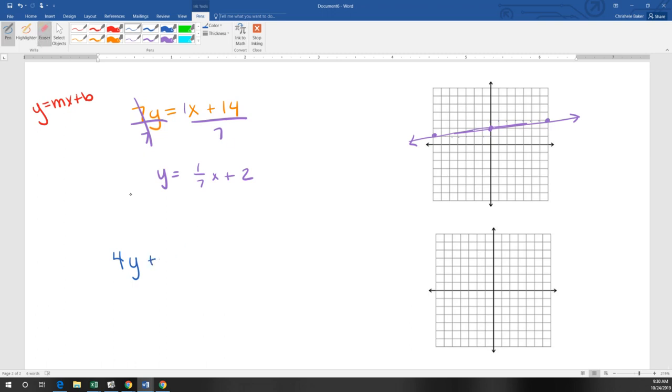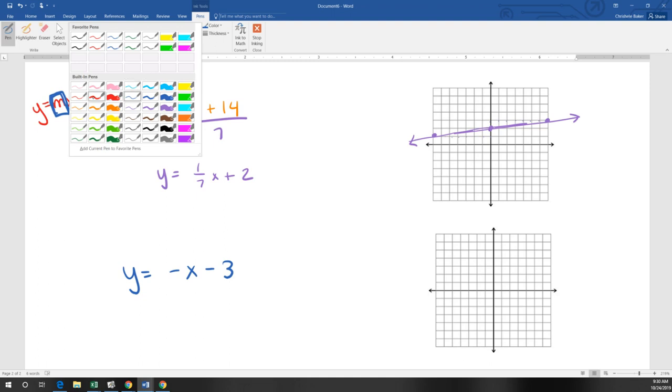No, I don't want to do that. Let me go back to slope-intercept form. Okay, so this is in y equals mx plus b, but my question for you is what's m? What number is being multiplied by x? What number is in front of x?